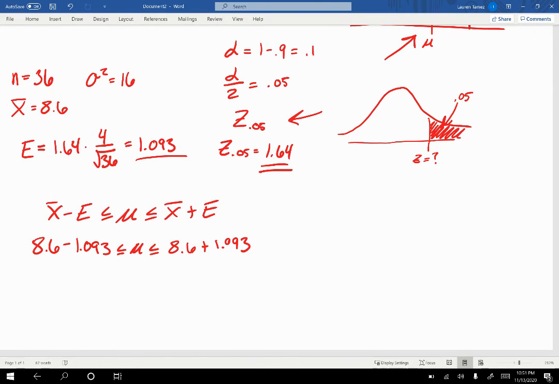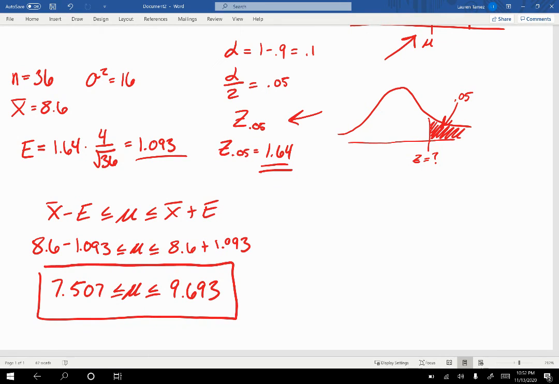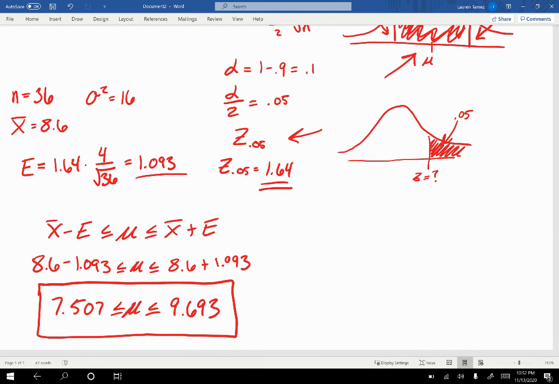And this gives us our confidence interval of 7.507 is less than or equal to mu, which is less than or equal to 9.693. And that is our 90% two-sided confidence interval for the population mean.